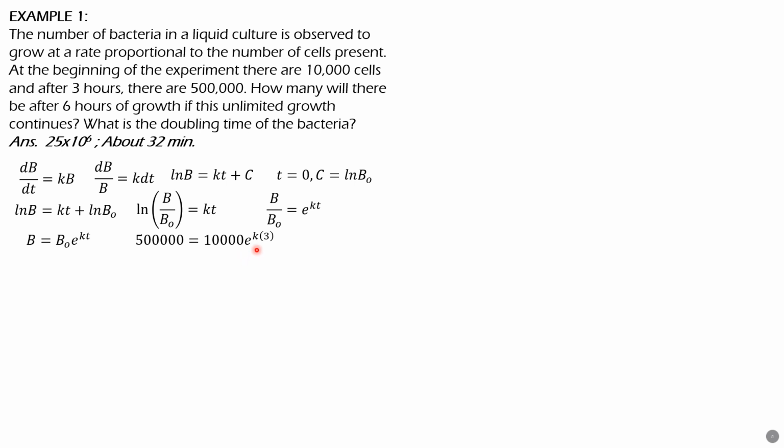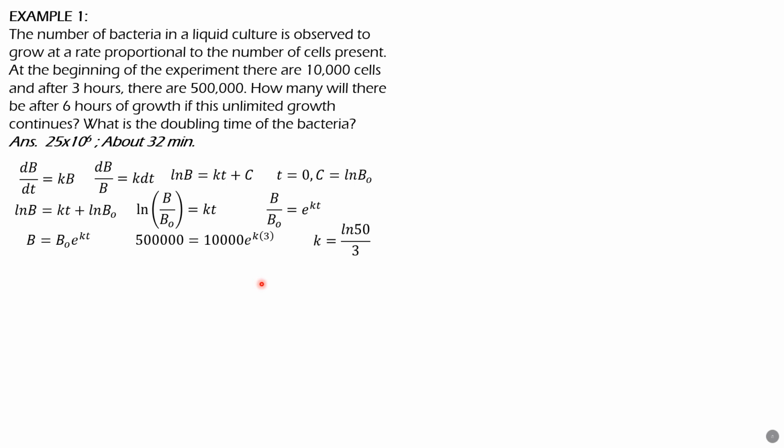Solving for k, 500,000 over 10,000 is 50. Then taking ln of both sides, ln of 50 equals ln of e to the 3k, which is also 3k. So k is equal to ln of 50 divided by 3.